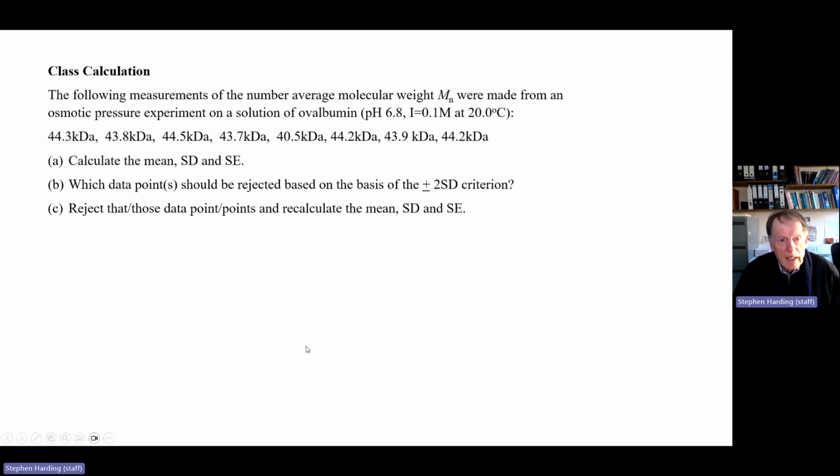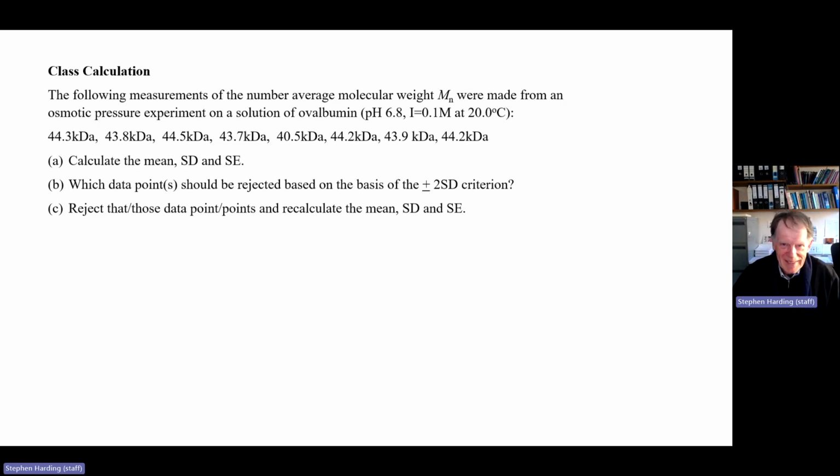Okay, let's consider this. We made a series of measurements on the number average molecular weight, MN. It's the same as molar mass, but it's molecular weight because we measured this in daltons or kilodaltons. And these are made from an osmotic pressure experiment on a solution of ovalbumin, our favorite protein.